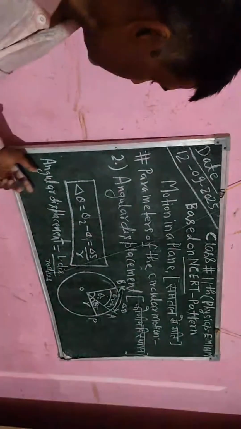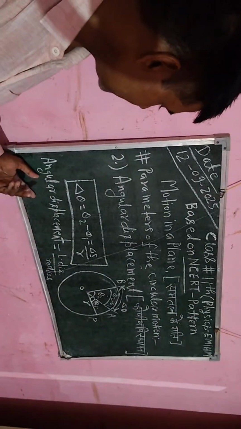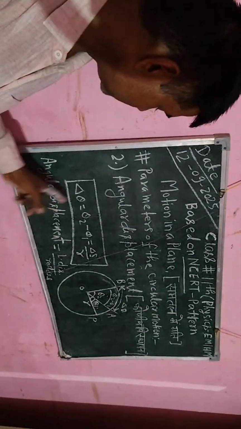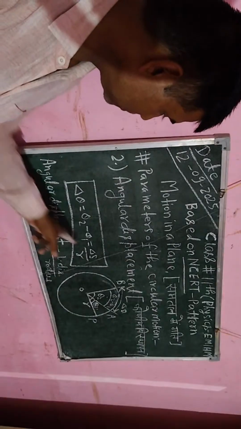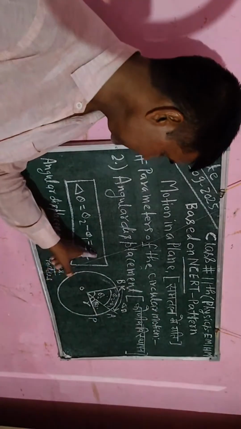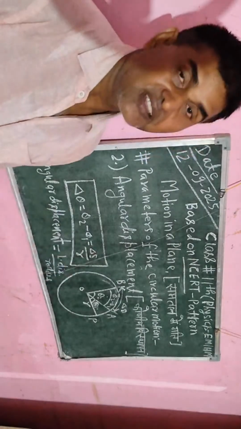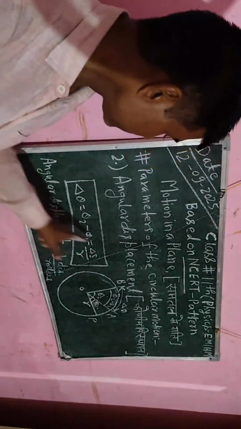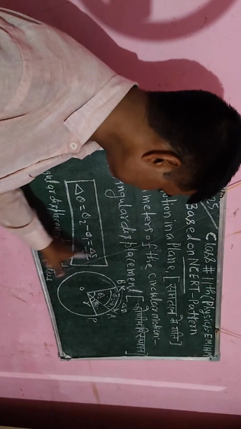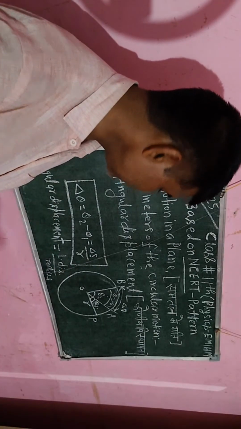So angular displacement is equal to linear displacement. This is the linear displacement because S is the linear displacement. So delta S is the change in linear displacement divided by radius.